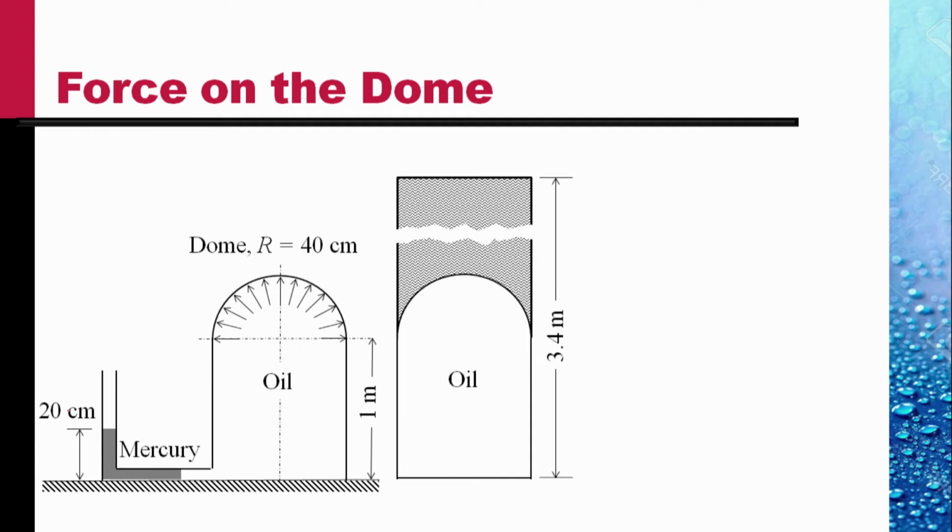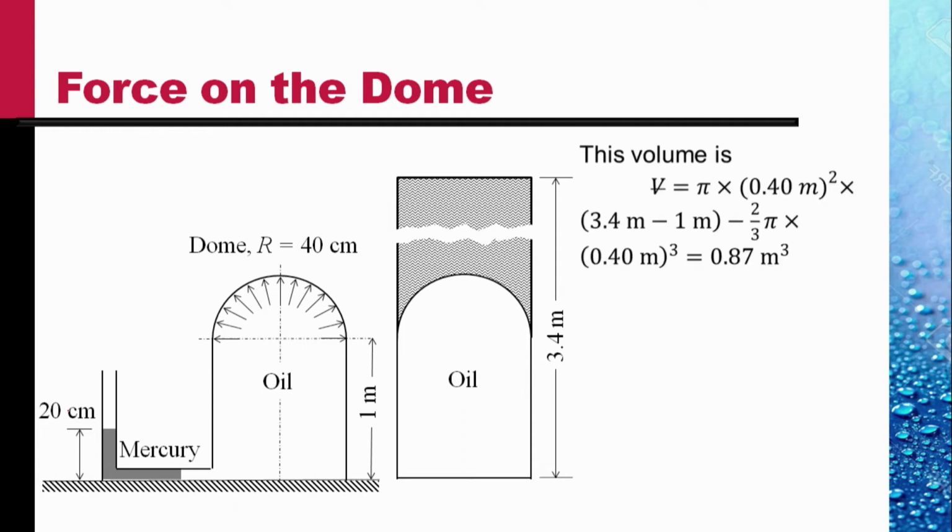Clearly then, the vertical force on the hemispherical cap is equal to the weight of oil over and above the dome, shown as gray in this picture. We can easily evaluate that volume as here. Volume is pi into 0.4 meter squared, which is the area of cross section, into 3.4 meters minus 1 meter, that is 2.4 meters.